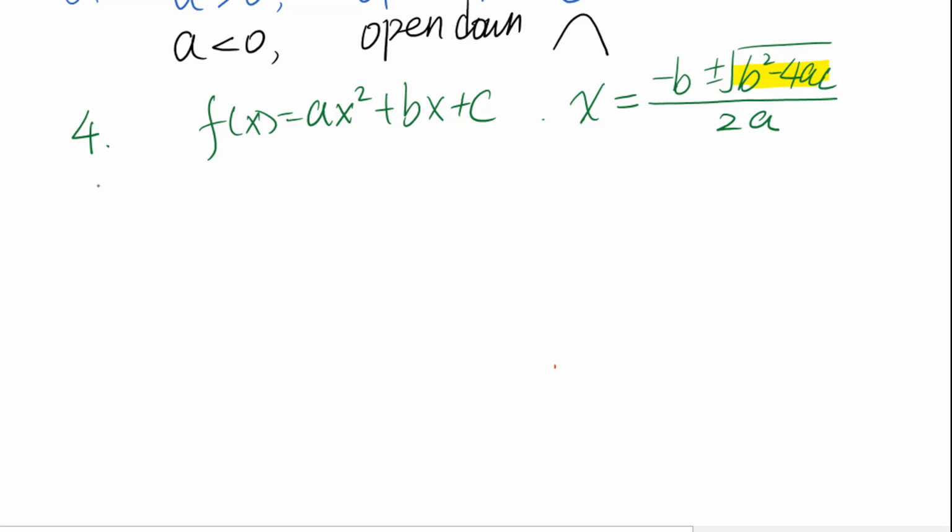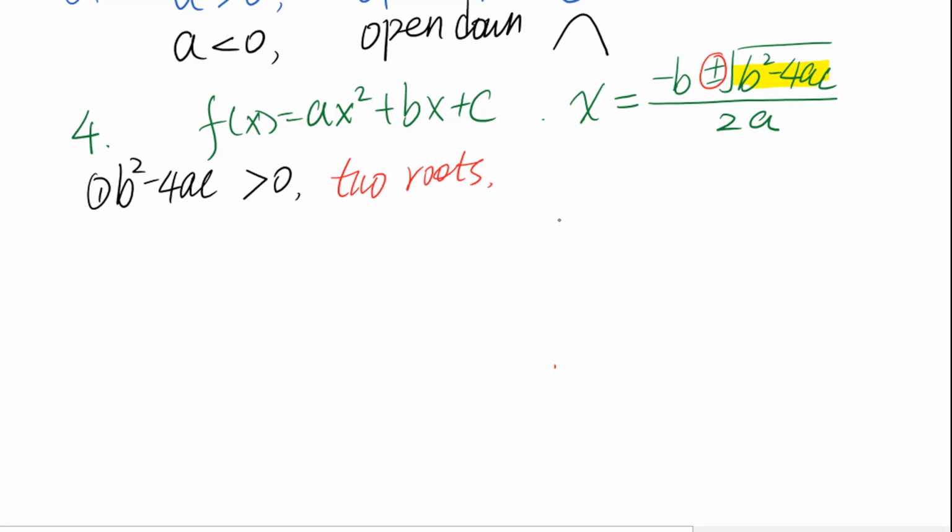When b squared minus 4ac greater than 0, when you do negative b plus or minus square root of b squared minus 4ac over 2a, we'll have two answers, which means the function has two roots. Two roots means two x-intercepts.